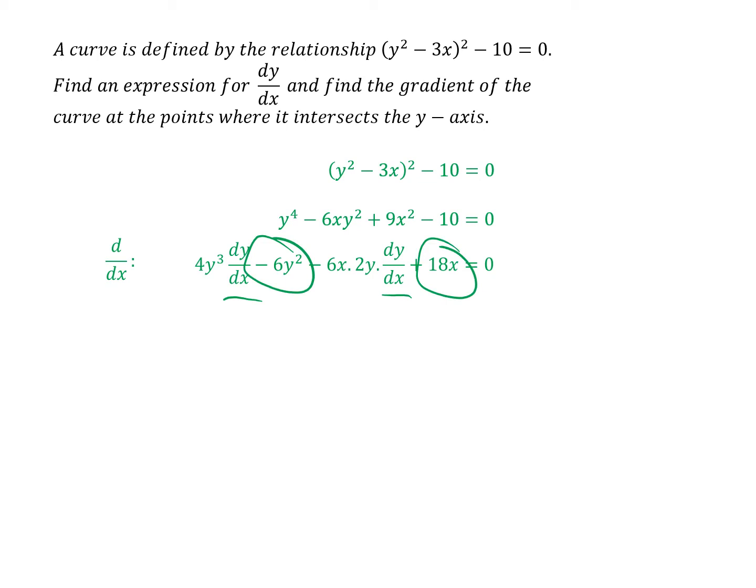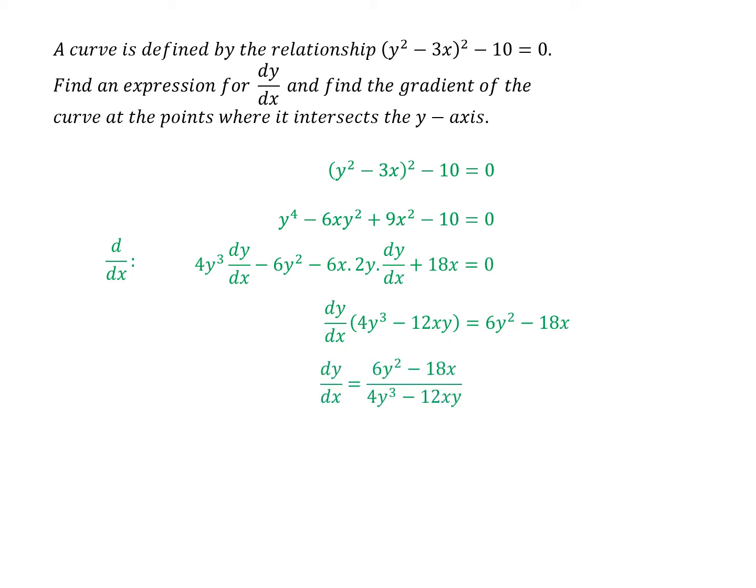So I take those over to the other side, factorize out the dy/dx, and then dividing by this bracket gives me an expression for dy/dx, which I can tidy up a little bit. The numerator and the denominator have got a common factor of 2. So that gives me my simplified expression for dy/dx, a function of both x and y.